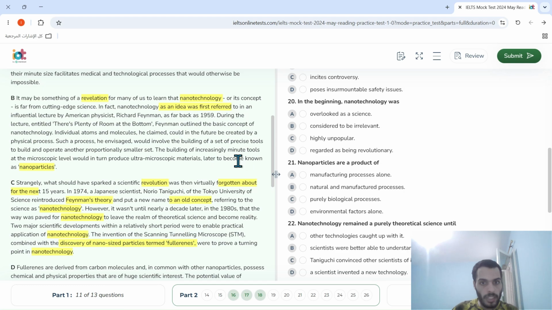Of increasingly minute tools at the microscopic level would in turn produce ultra-microscopic materials later to become known as nanoparticles.